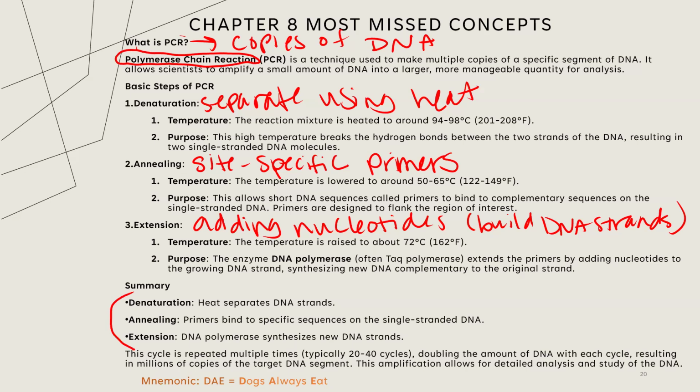And that is one cycle. All right, so here's one to remember: dogs always eat, which is a weird one, but that's our 3 steps, DAE. Dogs always eat. Denaturation, that's your dogs. Annealing, that's your always. And then extension, eat.